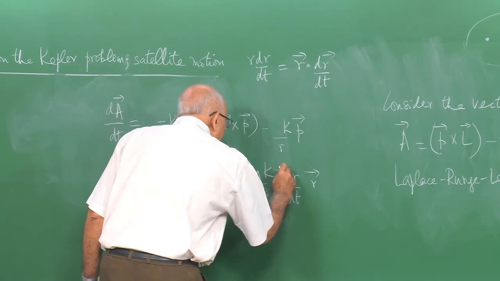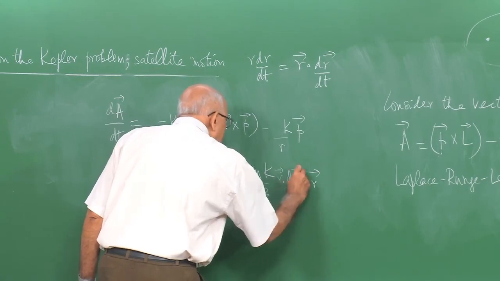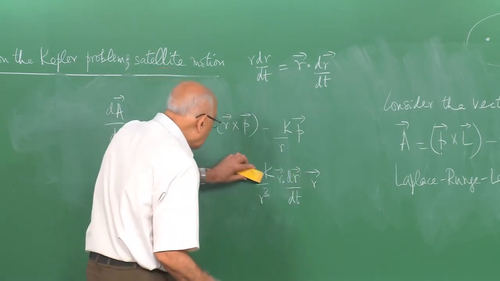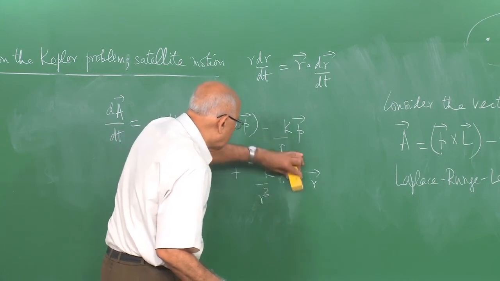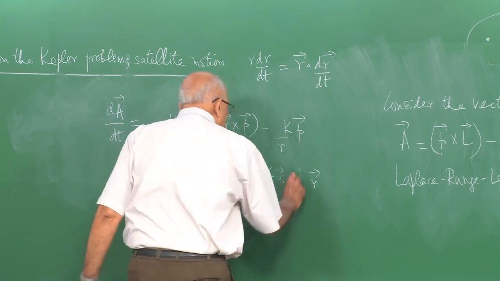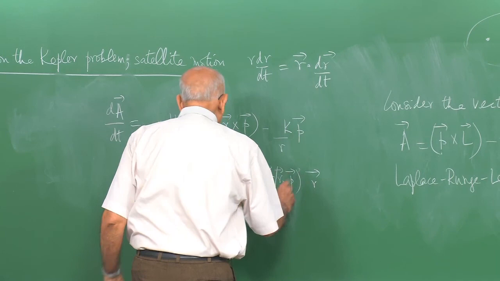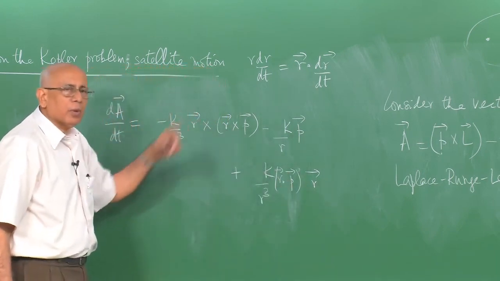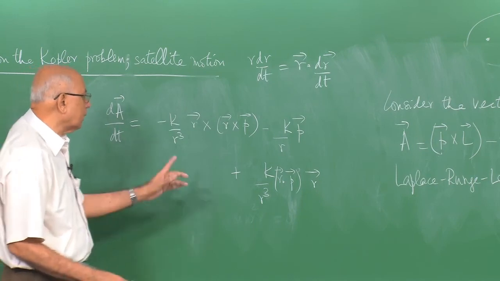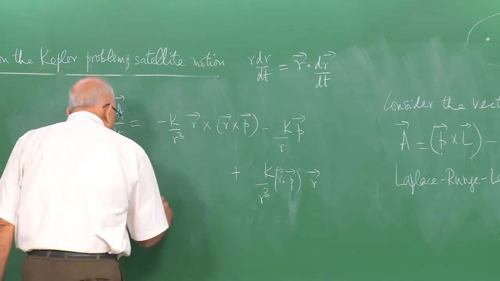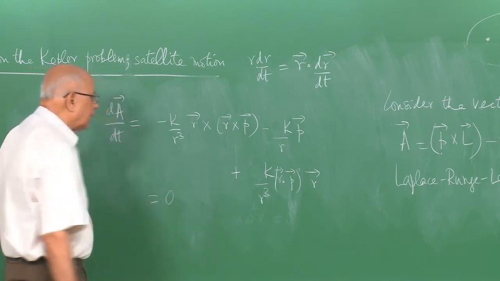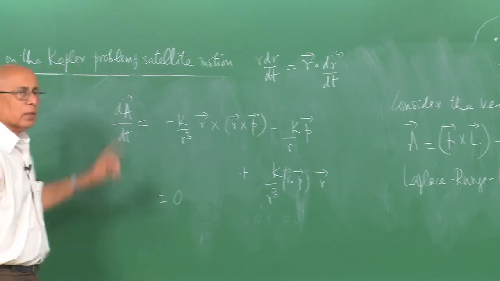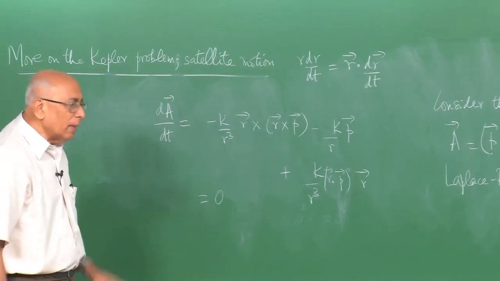So if you wrote it like that, this is r dot dr over dt, but now you combine this m and the dr over dt and write it as r dot p. Now use the identity for the vector triple product here and you're home. This vector is identically 0. So this vector is a constant of the motion.